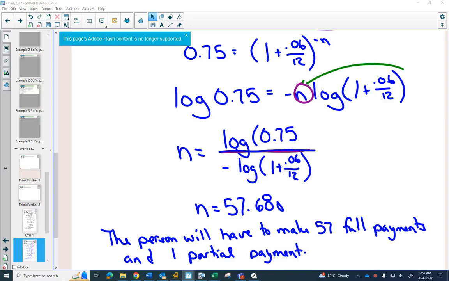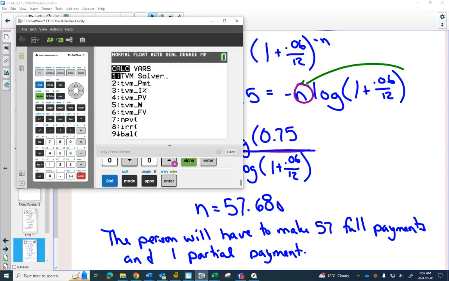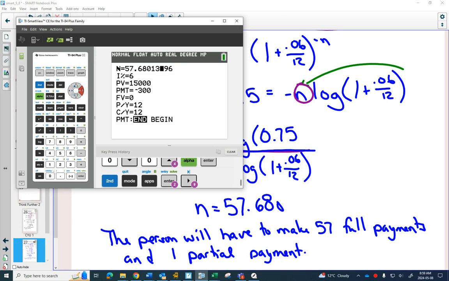The other nice thing about this program is once you have solved and got your values in here, you can actually do math in this program. So for example, what I might do is I might take this 57.68, that's how many payments I need to make. Each payment is $300.